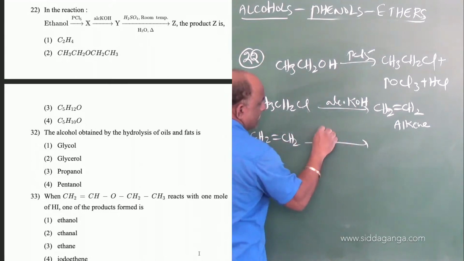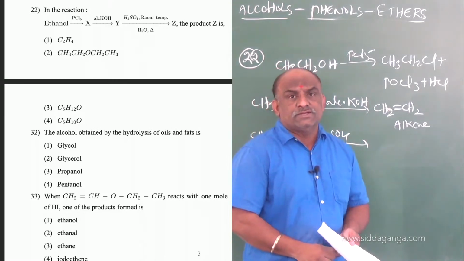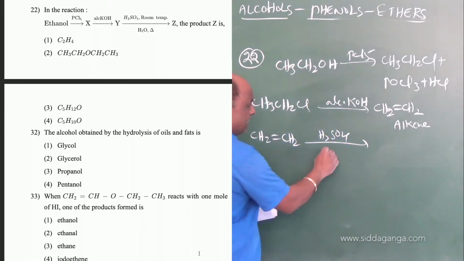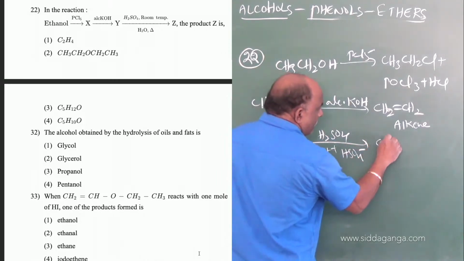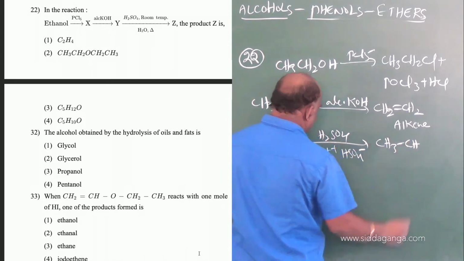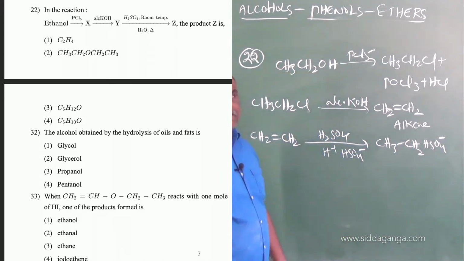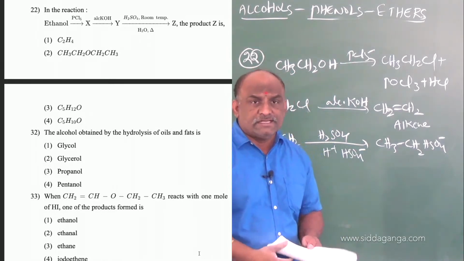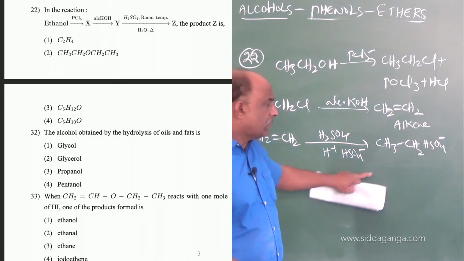After formation of the alkene CH2=CH2, the next step is to add H2SO4. H2SO4 can be written as H+ and HSO4-. On addition, we get CH3-CH2-HSO4. Again, down in the reaction, one reagent was given, that is the water molecule.